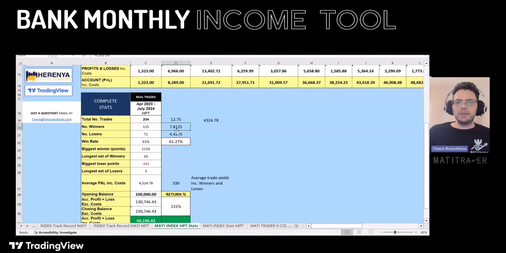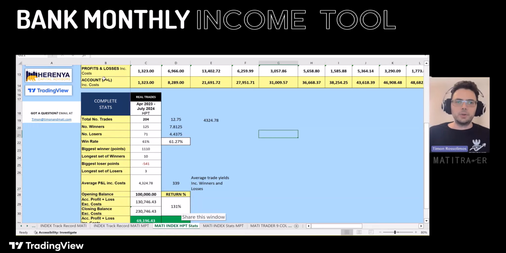We bank 7.81 winners a month. We take 4.43 losses a month, and our win rate is proven to be 61.27%. The average trade yields, including winners and losses, 339 points. If you take the winners and the losses and average them out, the average gain is 339 points, which means we have a profitable system.